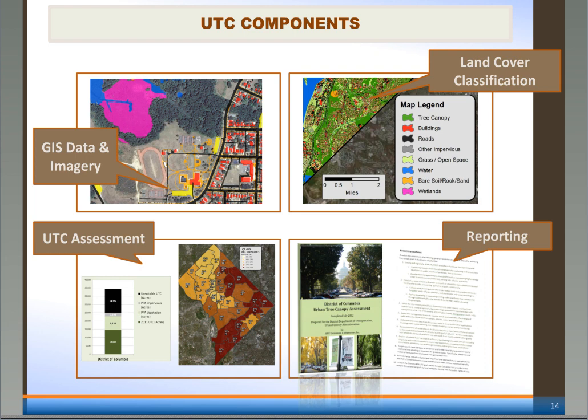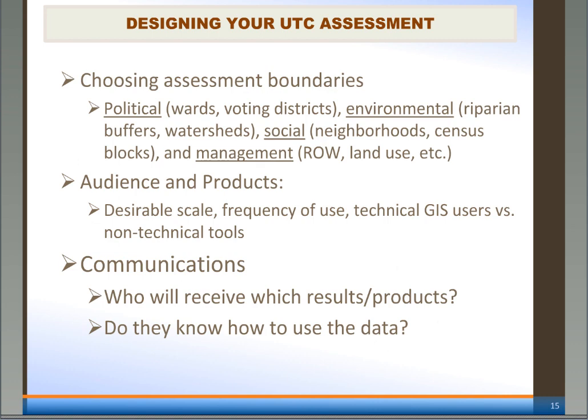So here's an example of neighborhood scale in Washington, D.C. that we used. There's 37 neighborhoods. So now you have this information broken out, not just citywide again, but down to a scale where you can start to actually do some more planning and some implementation. And then finally the reporting, and I'll show some components of that as we go.